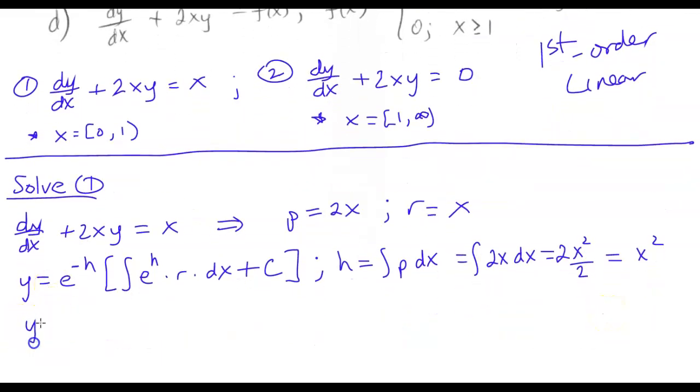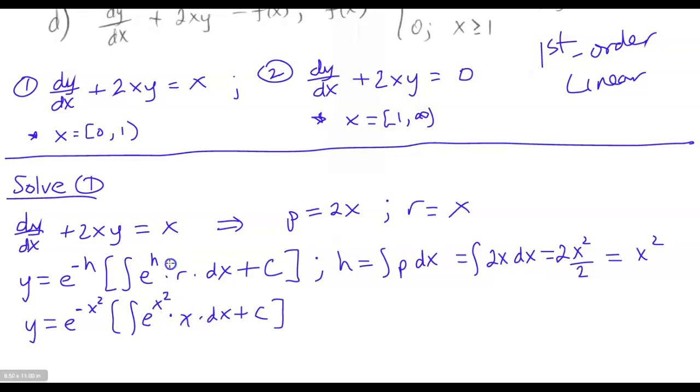So because of that, we'll have y is equal to e raised to the negative x squared times the integral of e raised to the positive x squared times r. Of course, r is just x, times dx plus c. And if you notice here, for our integral, we have a situation where we can actually use the substitution rule, because if we let u equal x squared and then take the derivative of x squared, that's just 2x.